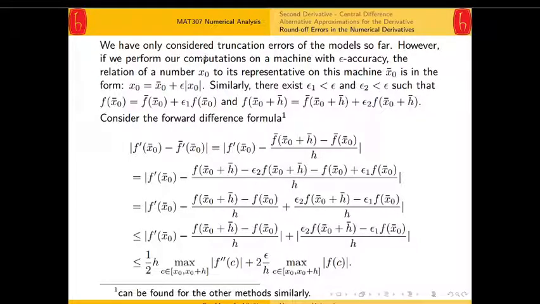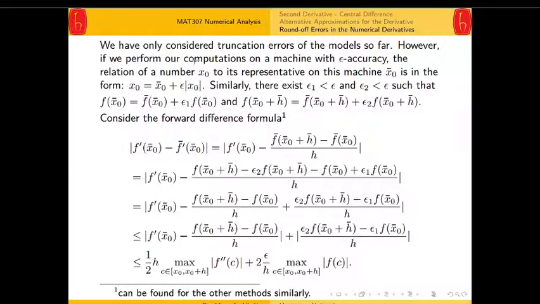However, if we perform our computations on a machine without absolute accuracy, we will also observe some errors with the operations of the machine. Also, the numbers on the machines won't be exact, so there will be some sort of errors at that point as well.